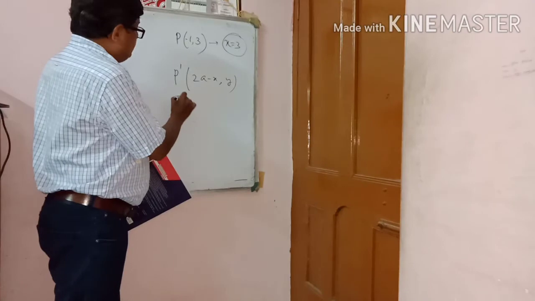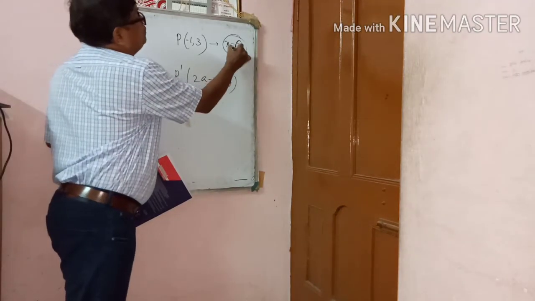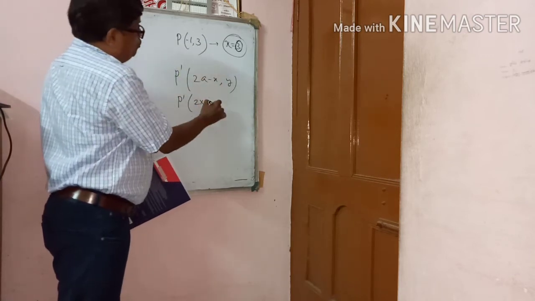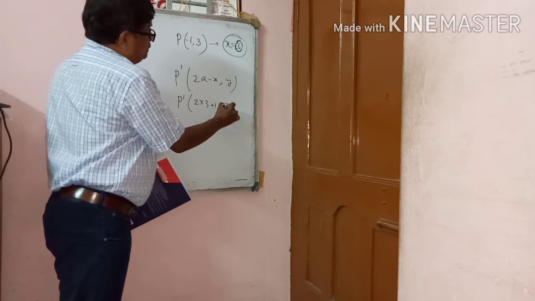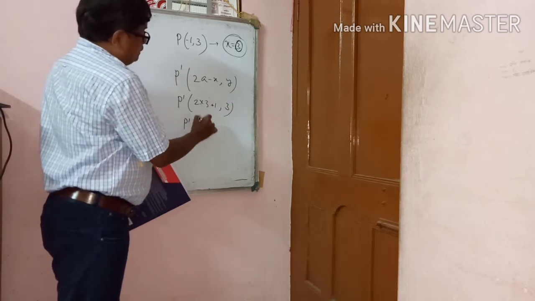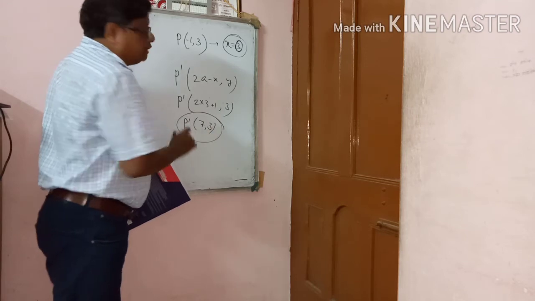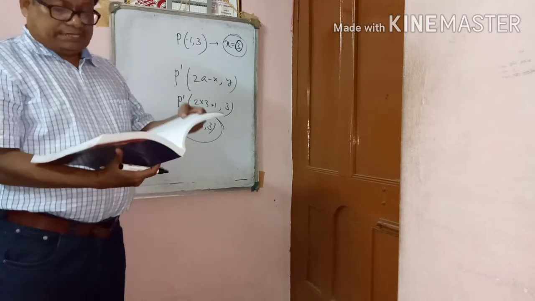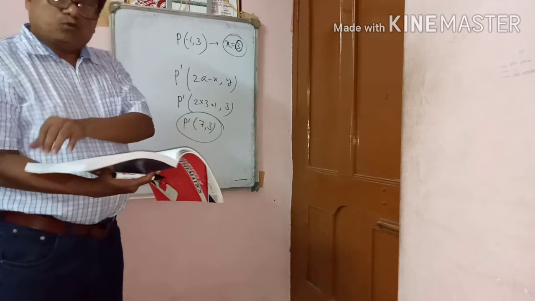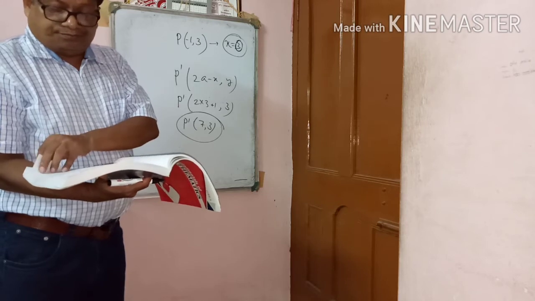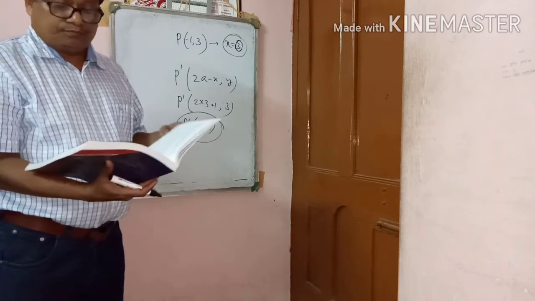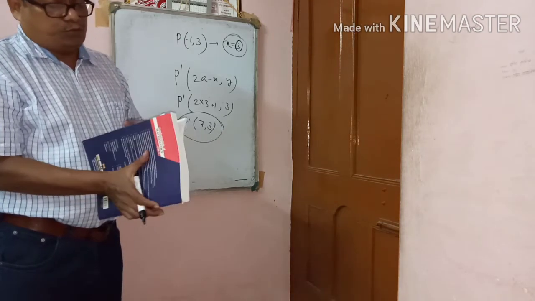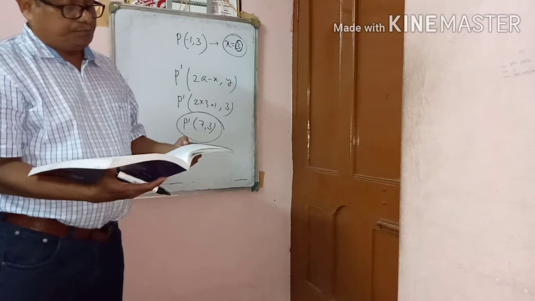So 2 into 3 minus x, which is minus 1, becomes plus 1, and y is 3, so P dash is (7, 3). This is the new coordinate. Various types of exercises are given, all of you practice at home.